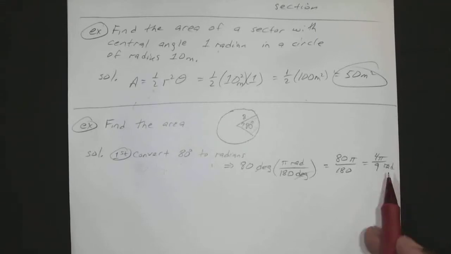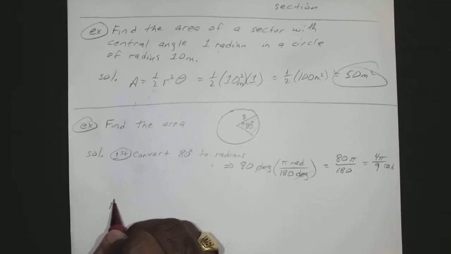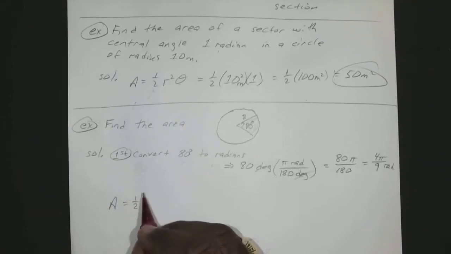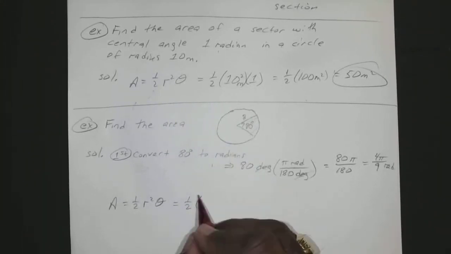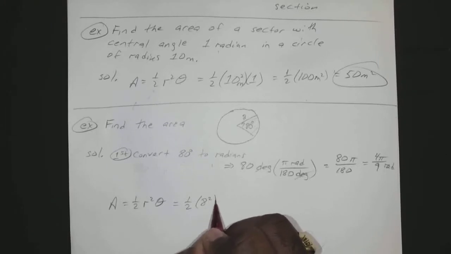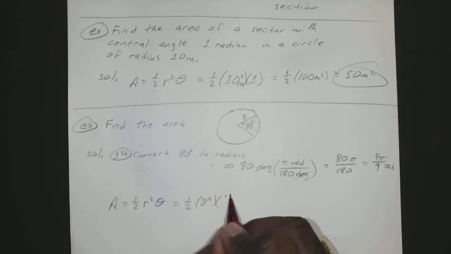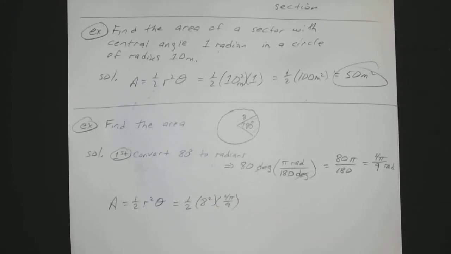Okay, so now we plug that into our formula. The area is 1/2 times the radius squared theta, which is equal to 1/2 times the radius, which is 8, 8 squared times theta, which is 4 pi over 9.